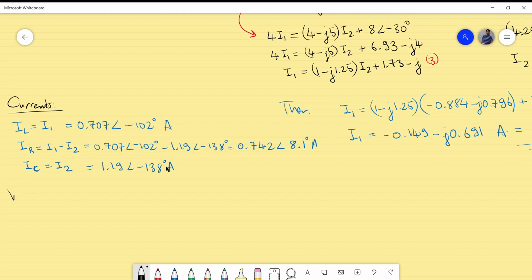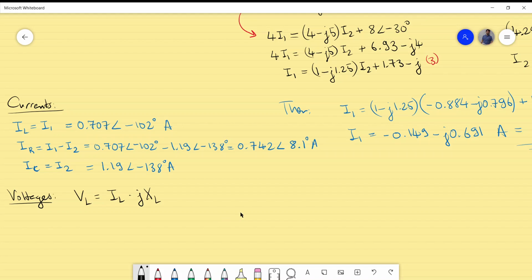Now, next step, voltages. For VL, I need IL, and I also need j times XL. I again use the polar representation directly in this analysis.